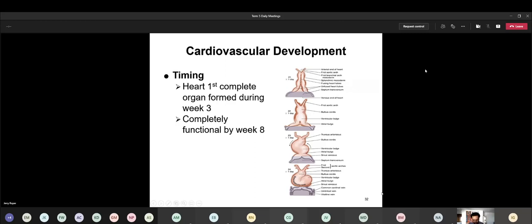So when we look at cardiac anomalies and congenital birth defects, truncus arteriosus is something that can be a problem if development didn't completely take place like it was supposed to, and things didn't transition like they were supposed to. All right, so as we see here, within the first 3 weeks, it's a heart, but it's not the heart that we know yet. It still has some more developing to do.